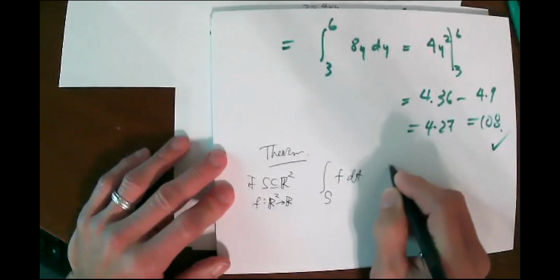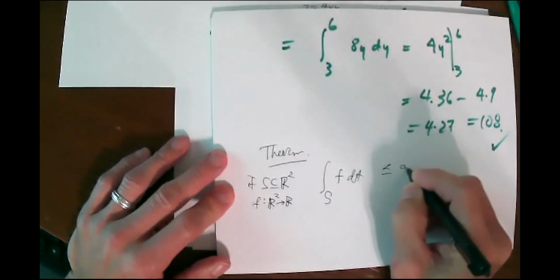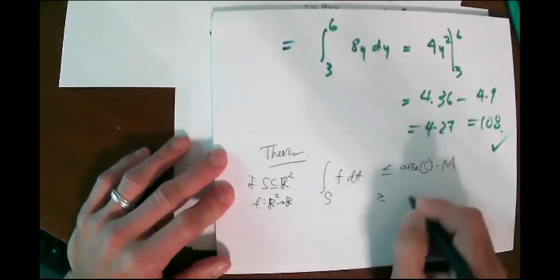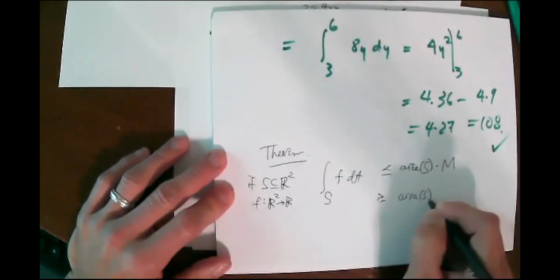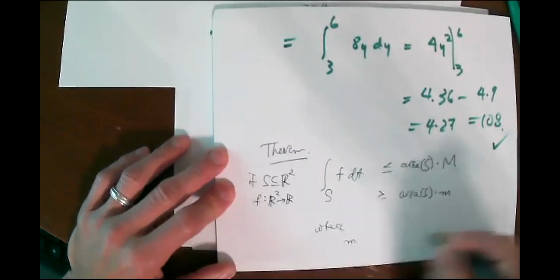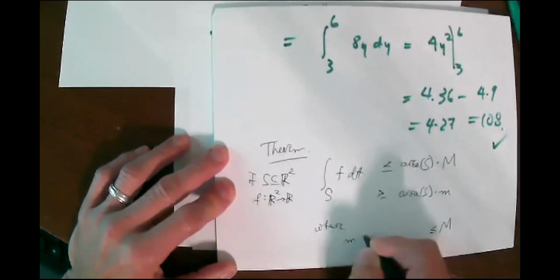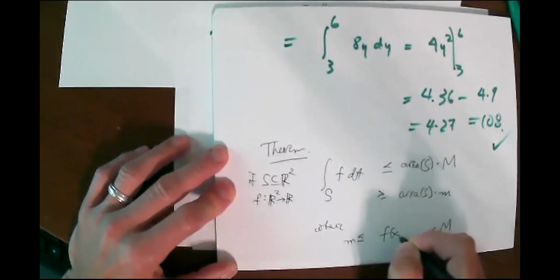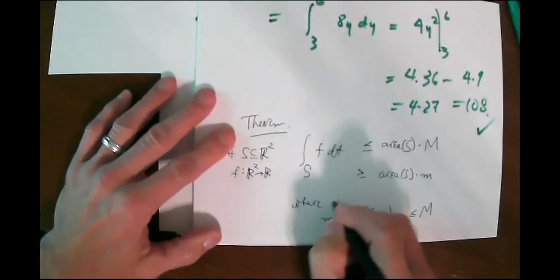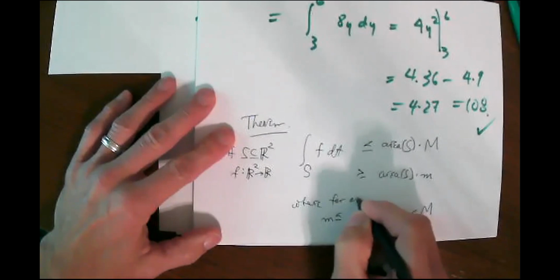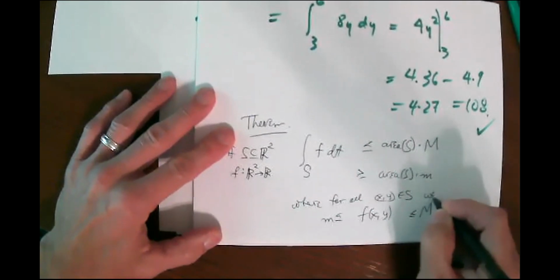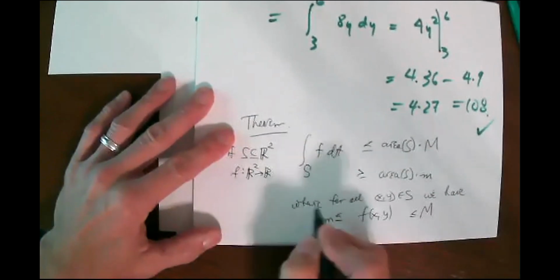Then this integral is less than or equal to the area of S times capital M, and it's greater than or equal to the area of S times little m, where little m and capital M are the minimum and maximum values of the function f anywhere on the set S. Maybe I should say where.